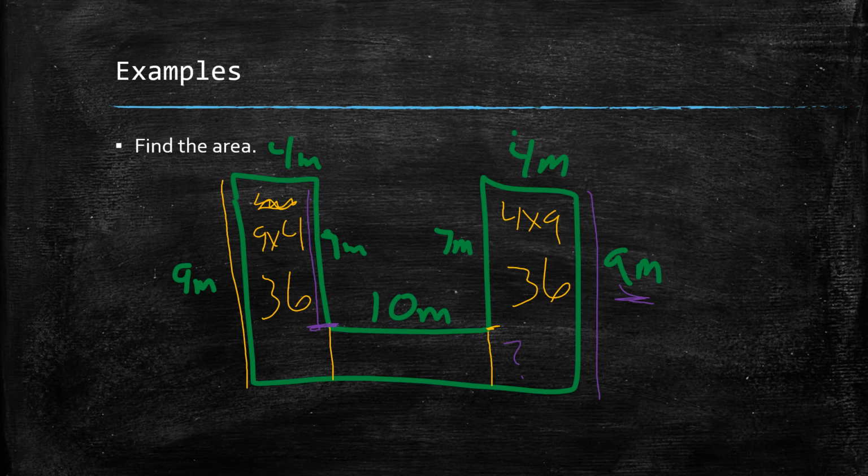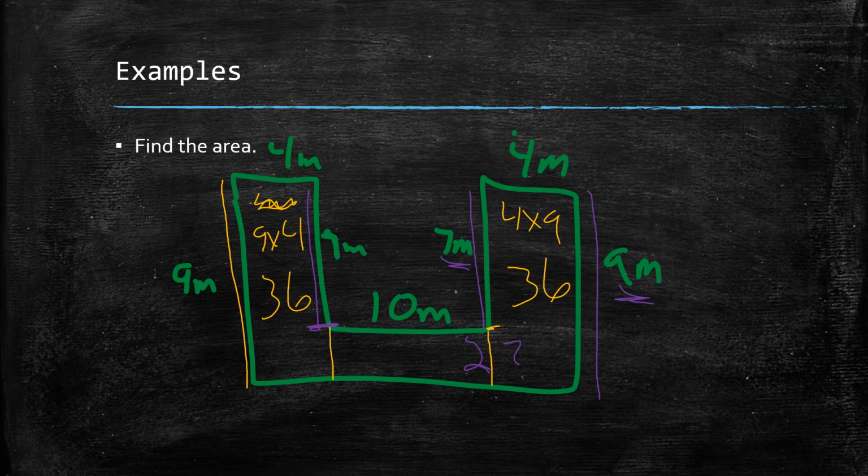And if I look at this 7 right here, it tells me from here all the way to here is 7. So from 7 to here is 9. That tells me this has to equal 2. It's going to be a 2.